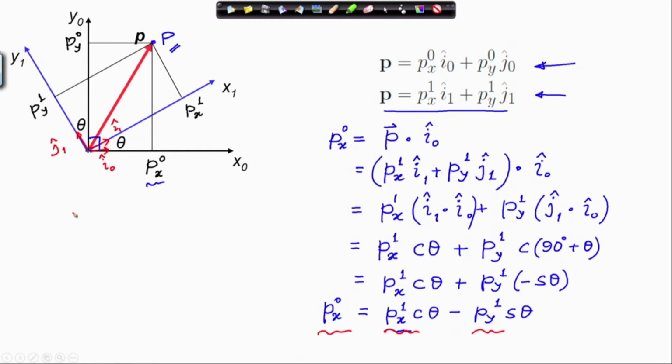So, which means I must have Py0 as P dot j0 cap, and then once again I use the representation in frame 1.